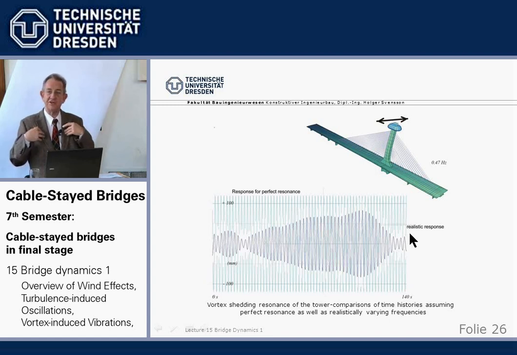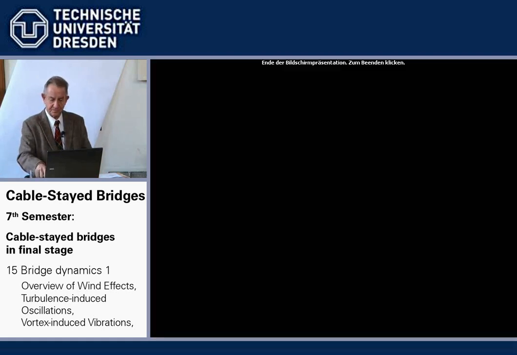And with my bridges, that always happened. We never had to do some special damping or so for vortex shedding, although the wind tunnel showed up that there may be a problem. But it's the difference between real wind and wind in the wind tunnel.